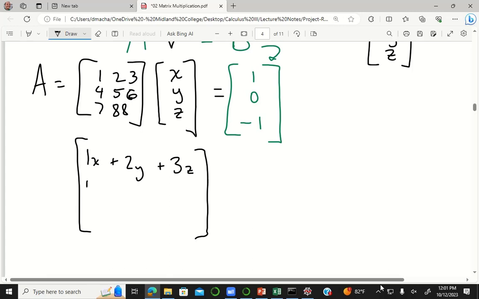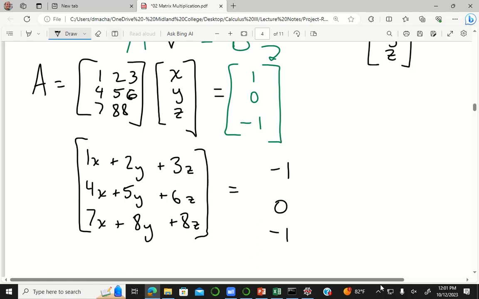The second entry would be 4x plus 5y plus 6z. And the last entry would be 7x plus 8y plus 8z. And I put 7, 8, 8 for some reason. And my equation is telling me that this is supposed to be equal to 1, 0, -1.